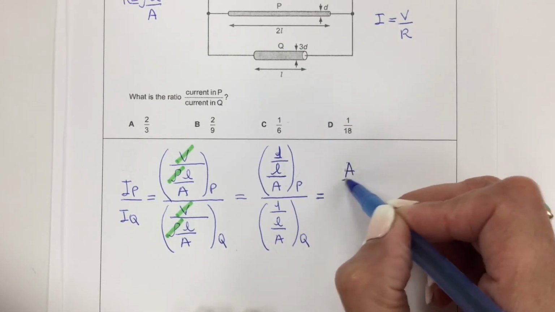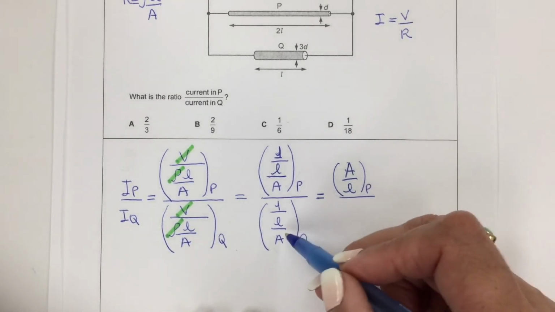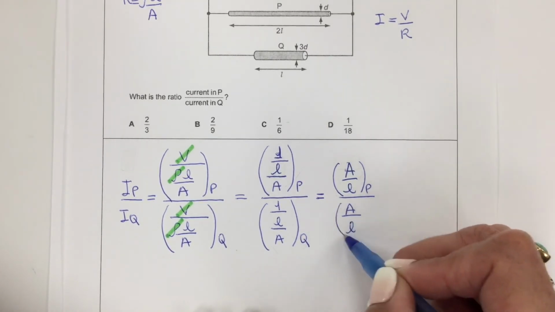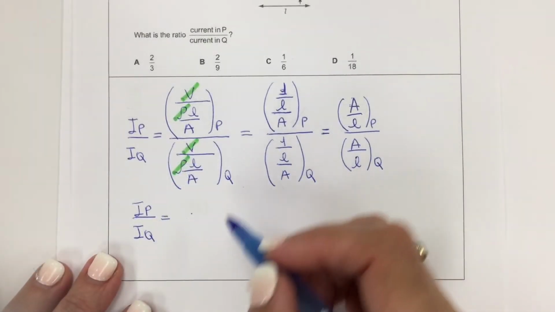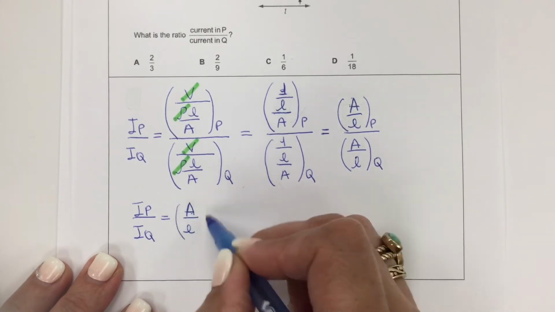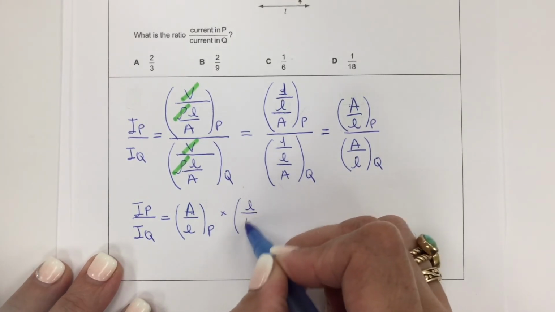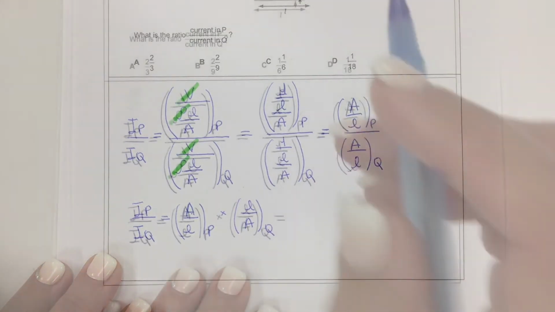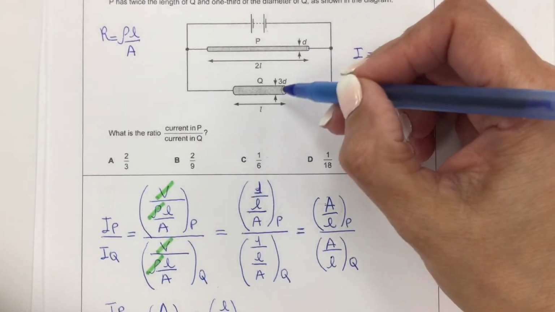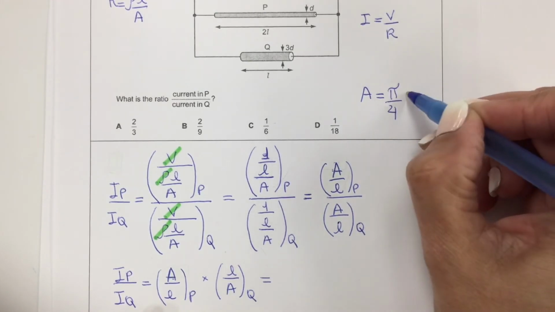So I have A over L for the wire P, and the same on the denominator, A over L for the wire Q. So the next step is to keep my numerator as it is, A over L for P, and now I'm going to flip this fraction here, which is L over A for Q. A side note, I know that A for this circular cross-sectional area is pi over 4 d squared.